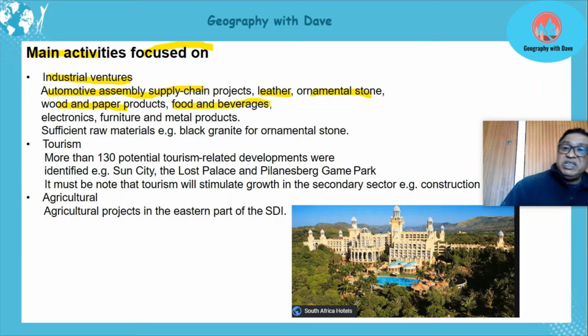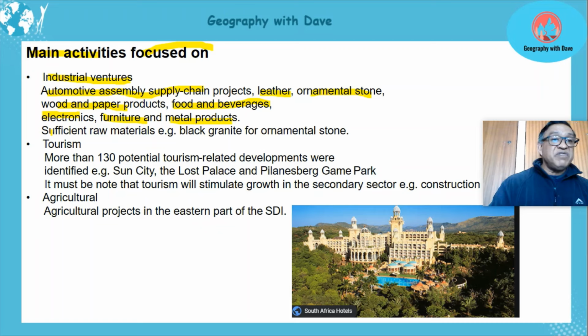Of course, people need to eat, eh? And the more the investment, the more the employment, the more the food and beverages, electronics, furniture, metal products. All right. All these are industrial ventures that some of them existed and were expanded on, and some of them formed.